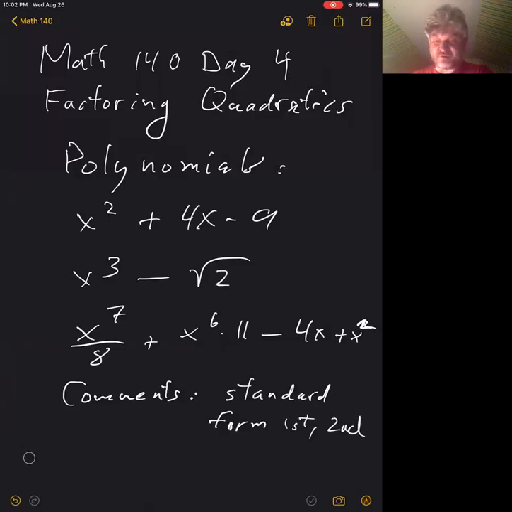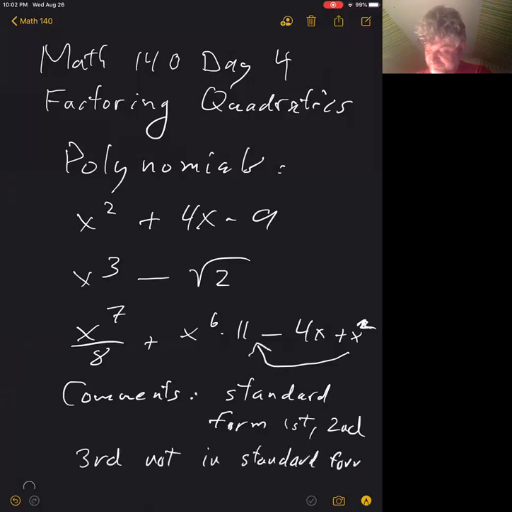And the third one, on purpose, is not in standard form because I've got this x squared at the end, which by rights should belong in between the x to the 6 and the 4x, so not in standard form. And that's an obvious thing that you can line those ducks up in a row. You can write every polynomial in standard form.